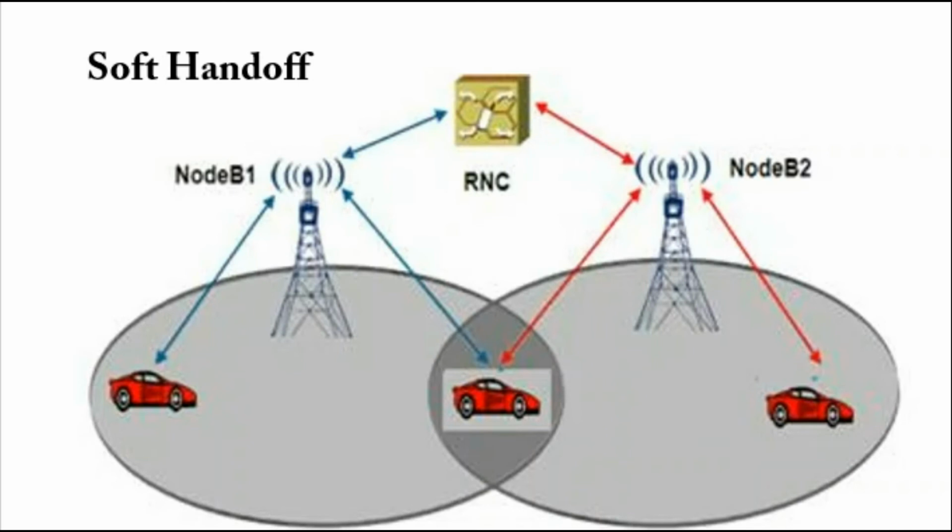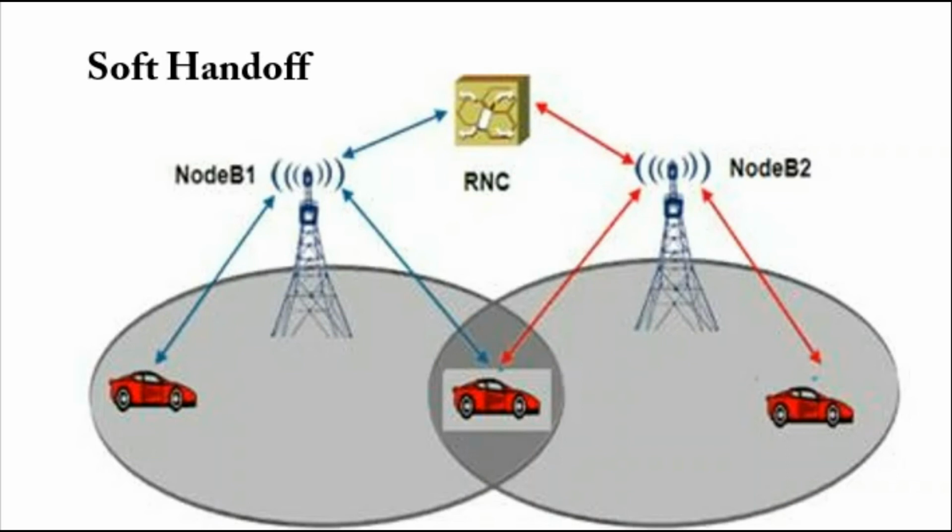Now fourth, soft handover. Soft handover is the one in which the channel in the source cell is retained and used for a while in parallel with the channel in the target cell. In this case, the connection to the target is established before the connection to the source is broken.